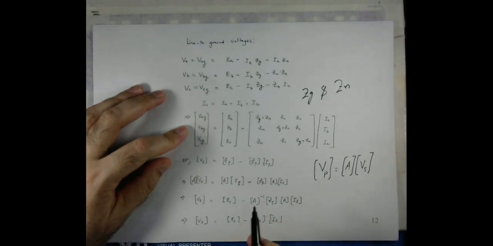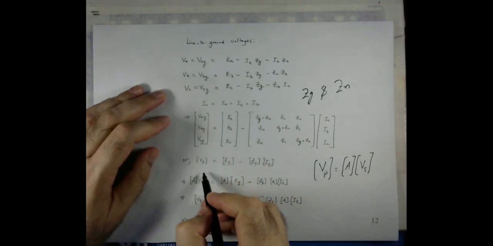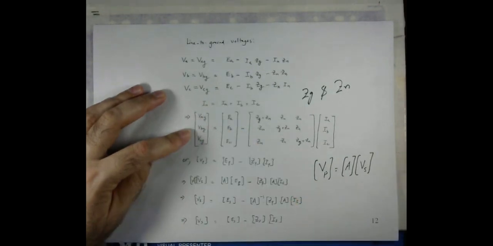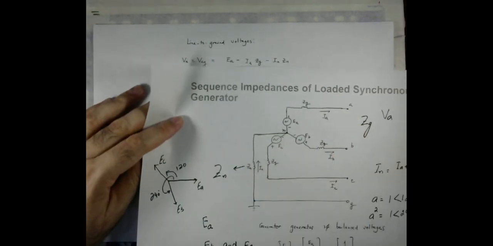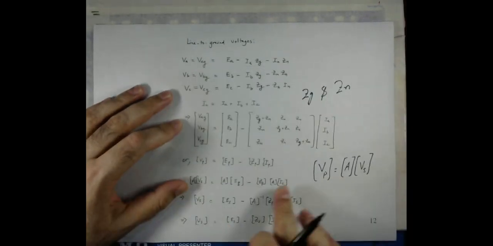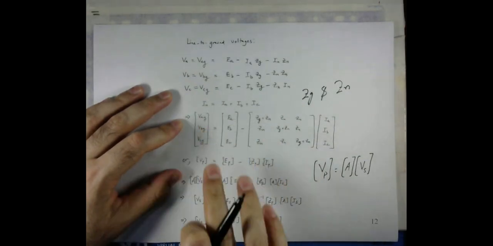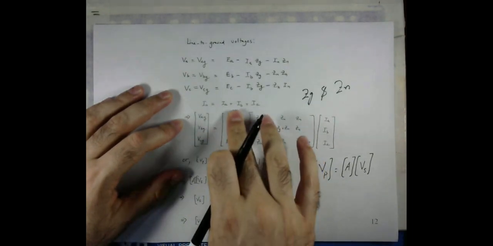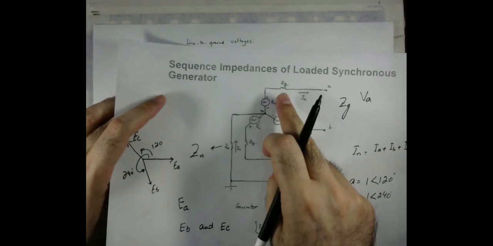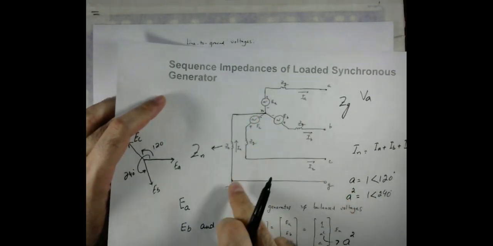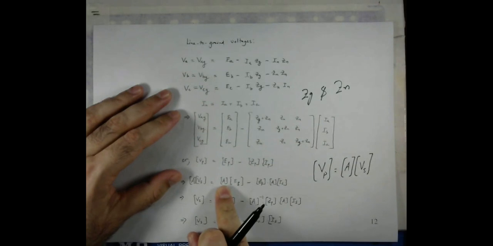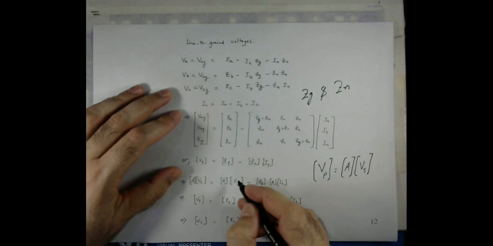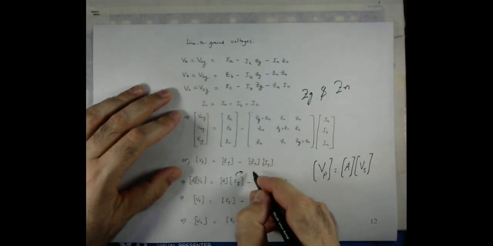So now I will make use of that, and correspondingly we can write the phase voltages, or the voltages from point A to the ground, as a product of the transformation matrix A and sequence voltages. Similarly, for this particular matrix involving EA, EB and EC, which are the generated voltages with respect to the ground, it can be written as transformation matrix A and the sequence voltages of E. So this case is this one.